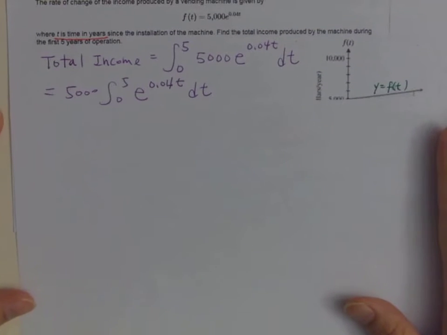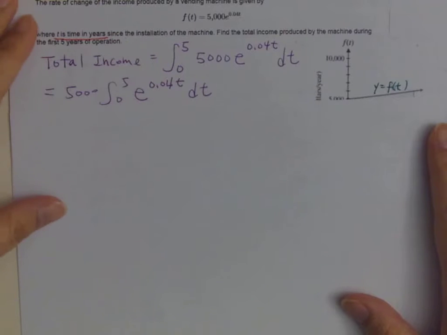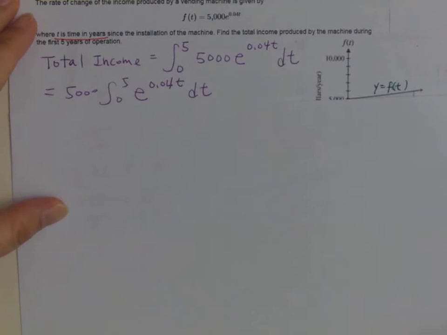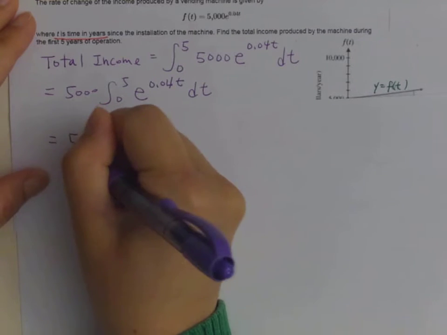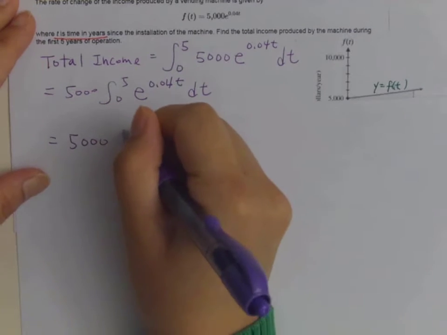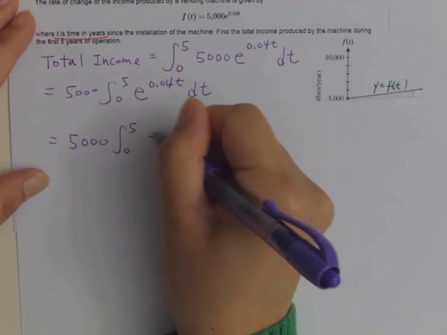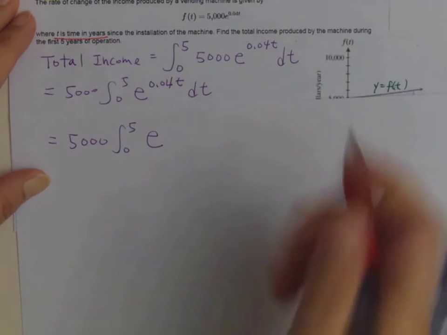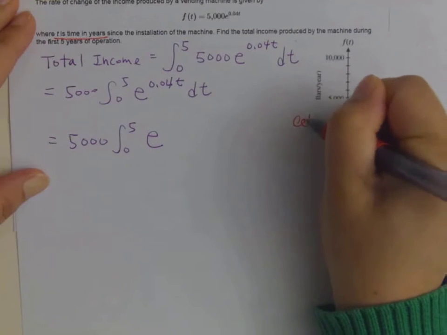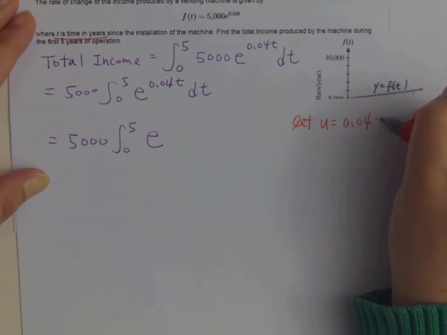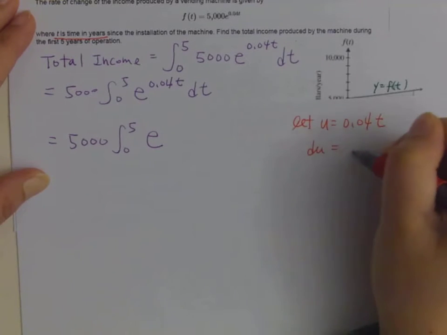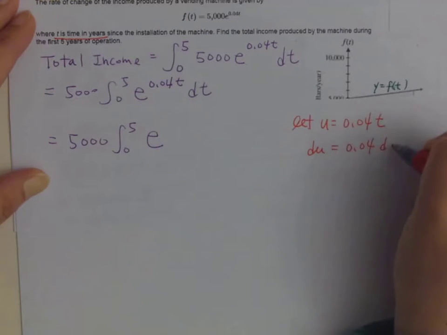When you take the integral of that, because the exponent is a function, you're going to need to use substitution. I'm going to get a bigger piece of paper so I have some room to work. So we have 5,000 times the integral from 0 to 5. Let u equal 0.04t, so du is 0.04 dt.